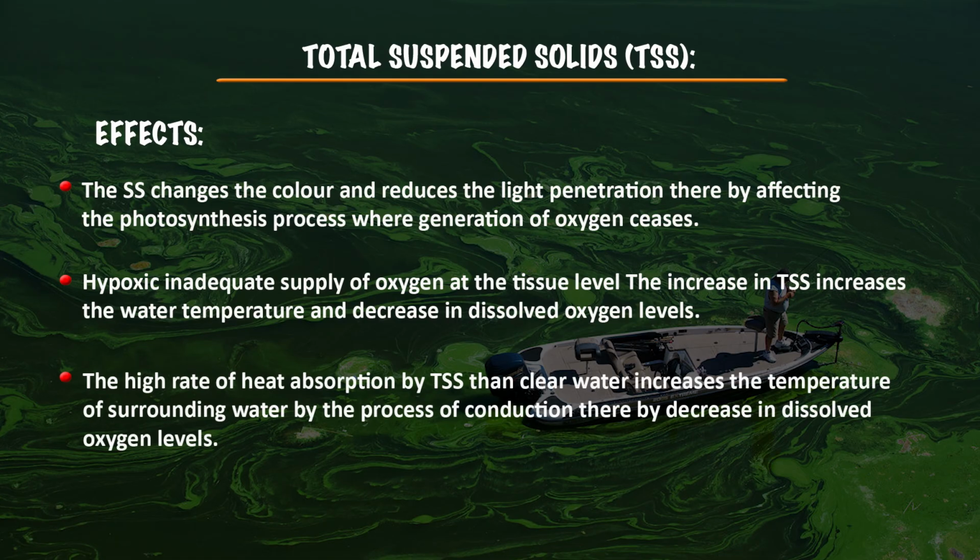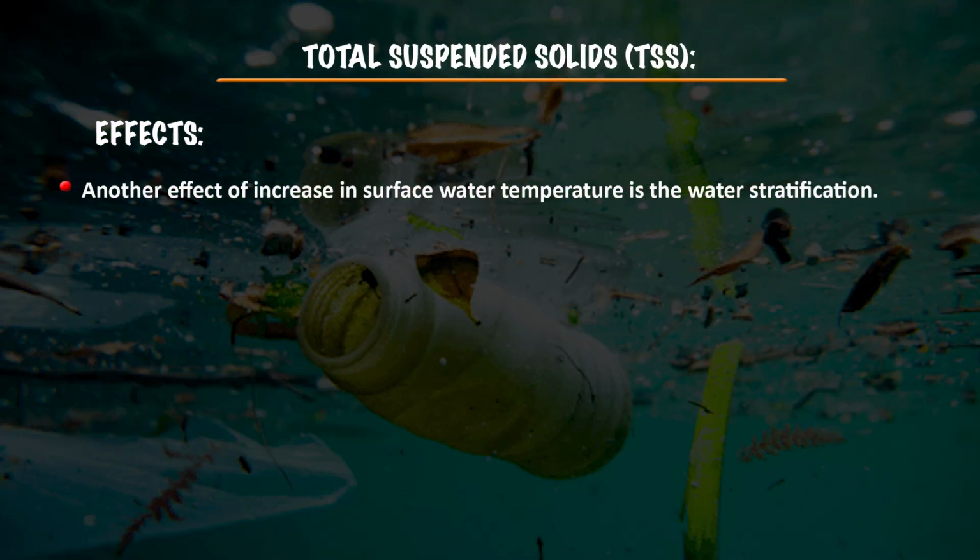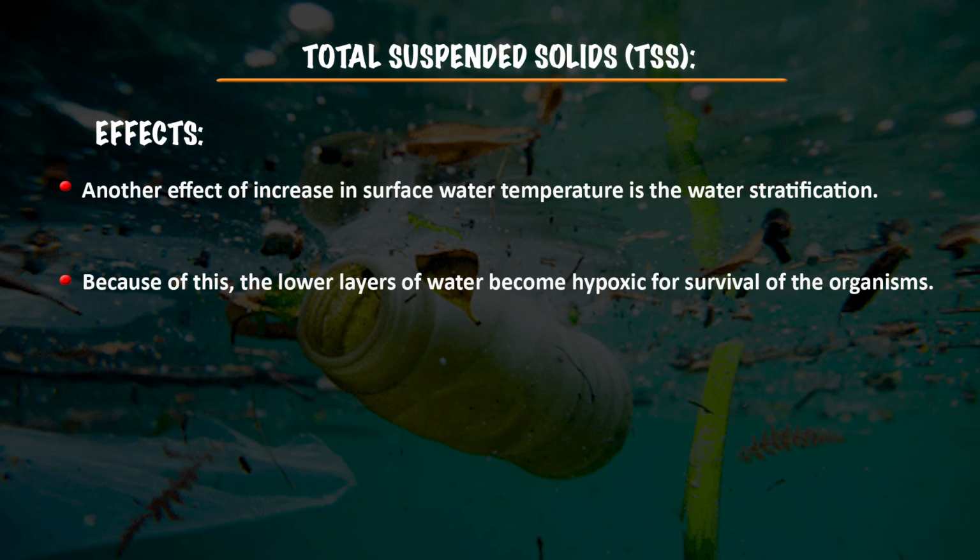The high rate of heat absorption by total suspended solids compared to clear water increases the temperature of the surrounding water by conduction, and because of this there is a decrease in dissolved oxygen levels. Another effect of the increase in surface water temperature is water stratification, because the lower levels of water become hypoxic for the survival of organisms.